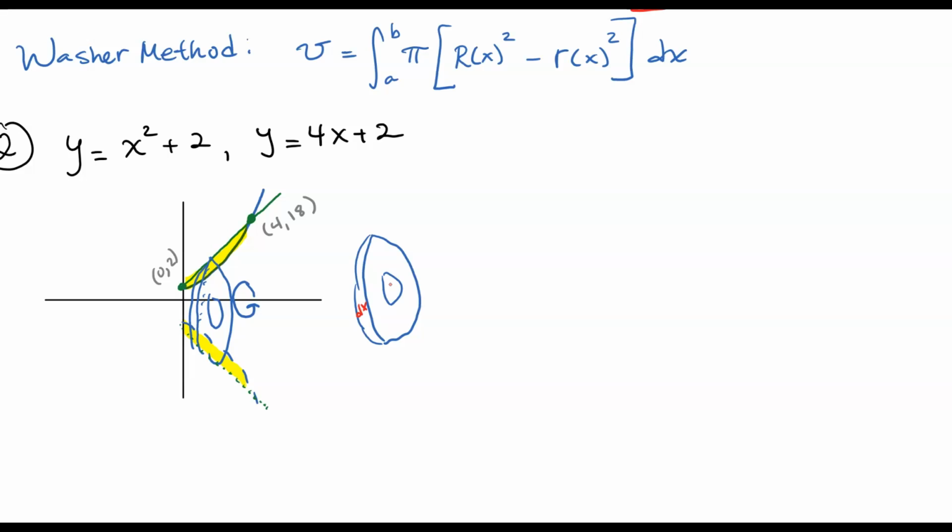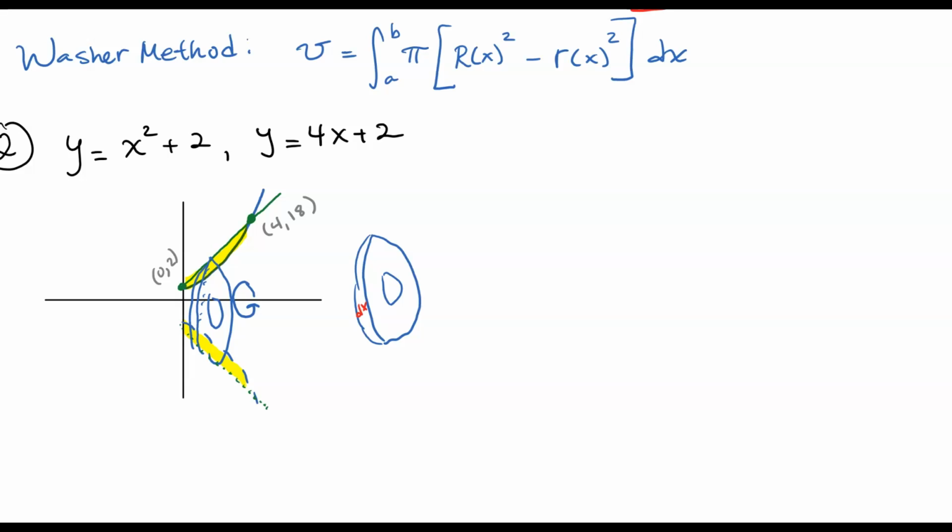And so if you think about the last example of the disk method, it was kind of like a cylinder, if you will. This is the same concept of that kind of cylinder or disk, but we've got to subtract the volume of the inner part, that hollow area in the center.